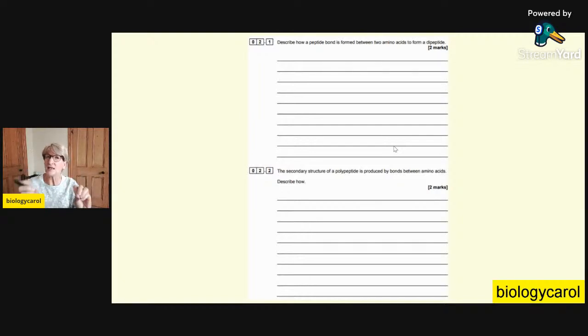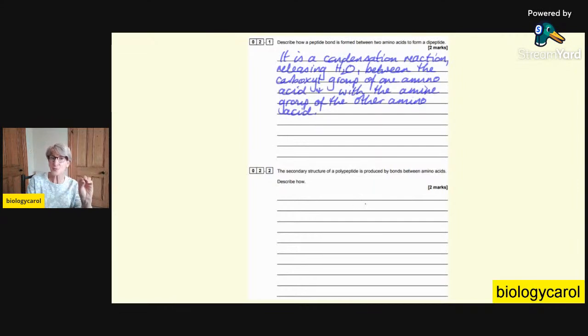So now I'm thinking about those two amino acids joining, and I realize that I can put another bit of detail, that it occurs between the amine group of one amino acid and the carboxyl group or carboxylic acid group of the other amino acid. That was literally my thought process as I was writing this answer.